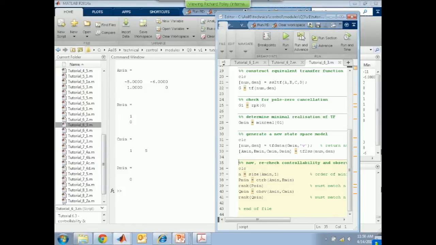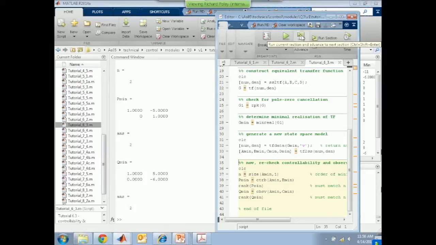And the last cell here simply confirms that we are now dealing with a controllable and observable system. It's the same tests we applied before, constructing the controllability and observability matrices and checking that their ranks are 2 in this case, because the order of the system is reduced by 1. So here we go. The 2 is the order of the system. We've got a 2 by 2 matrix with rank 2.